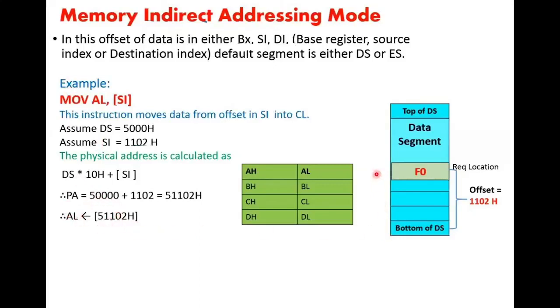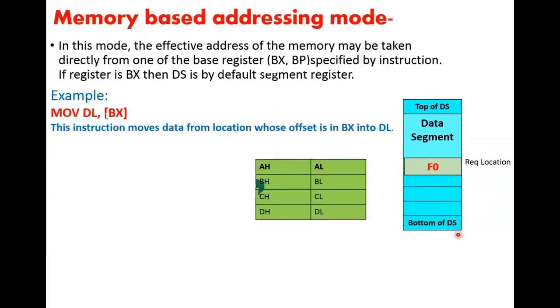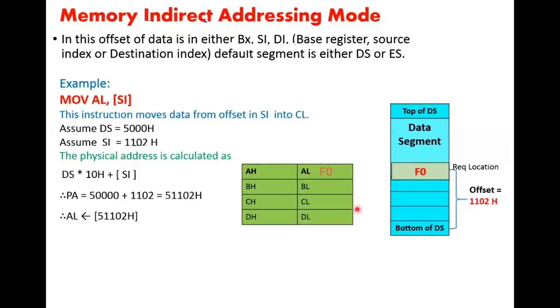First we'll see the external memory. This is the external memory of 1 megabyte size. Here we have taken only the data segment, and the data segment size is 64 kilobytes.